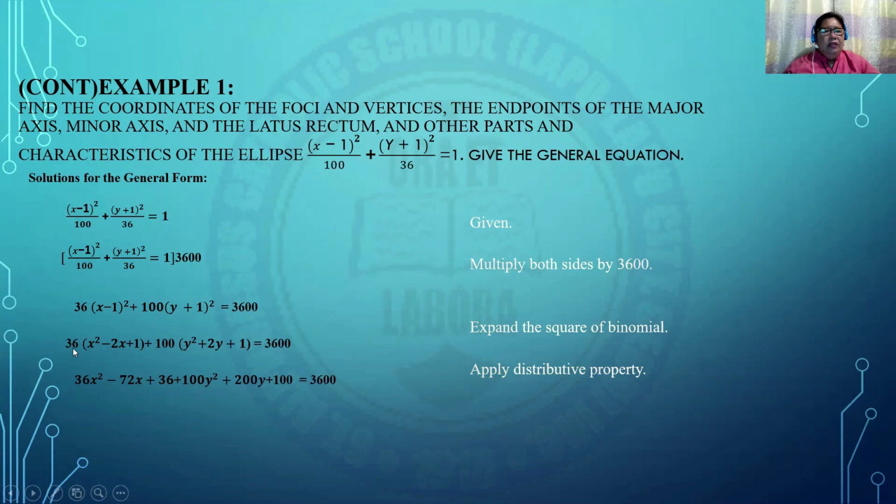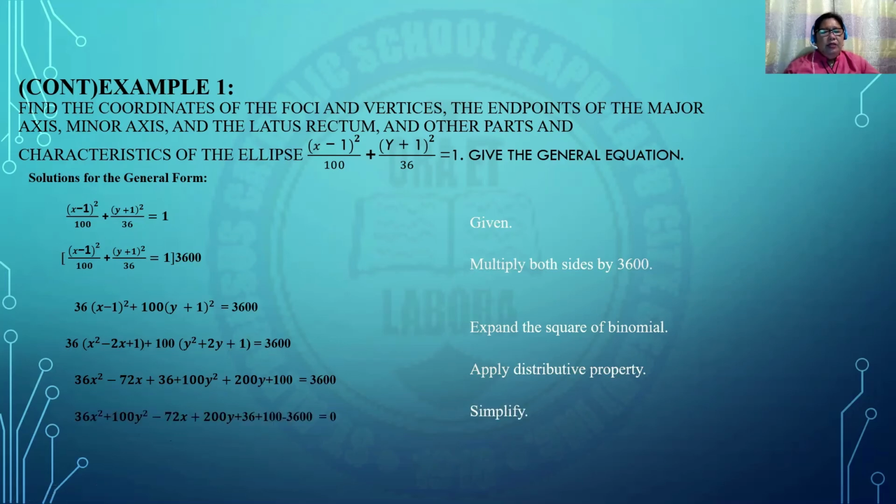You have now 36x squared coming from 36 times x squared, negative 72x from 36 times negative 2x, 36, that's 36 times 1. And here you have 100y squared, 200y, and 100. Copy 3,600.